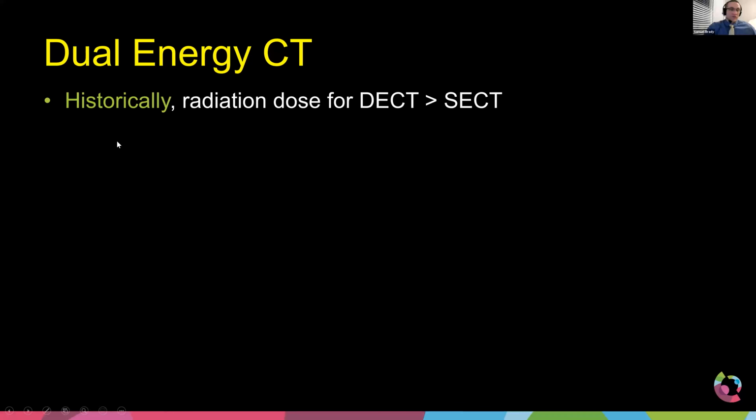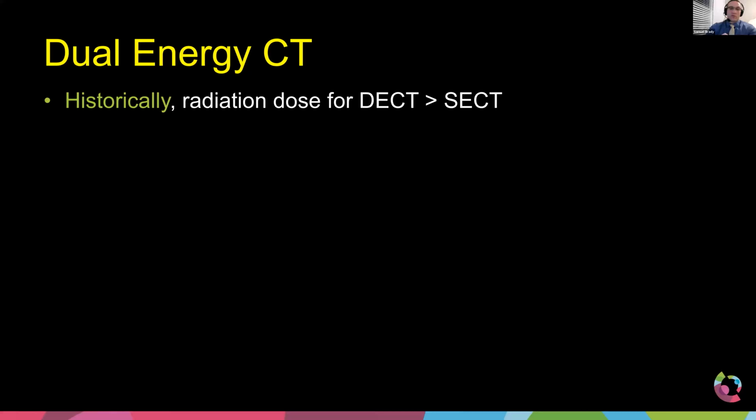So what kind of doses are we talking about in dual energy? Well, historically, a decade or decade and a half ago when we started doing this, dual energy CT was much higher dose than single energy. And so it was immediately developed for adults, almost never used in kids.